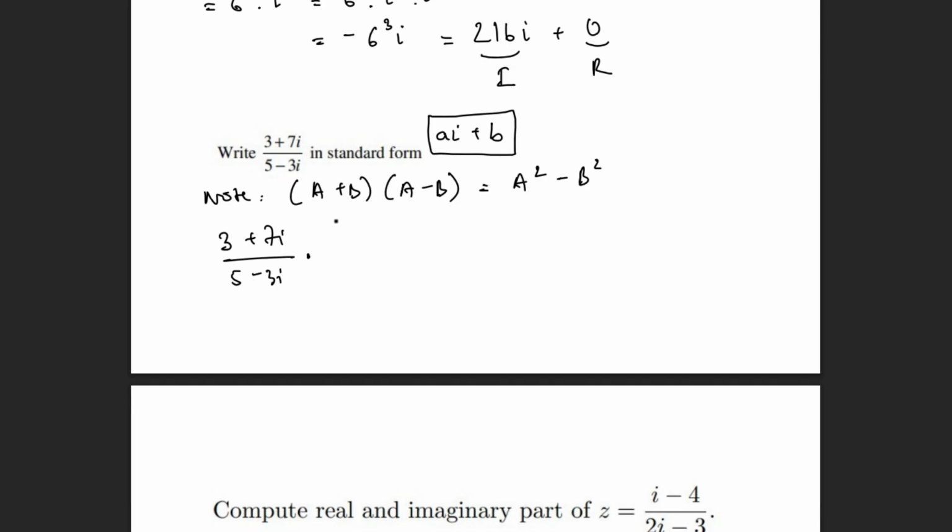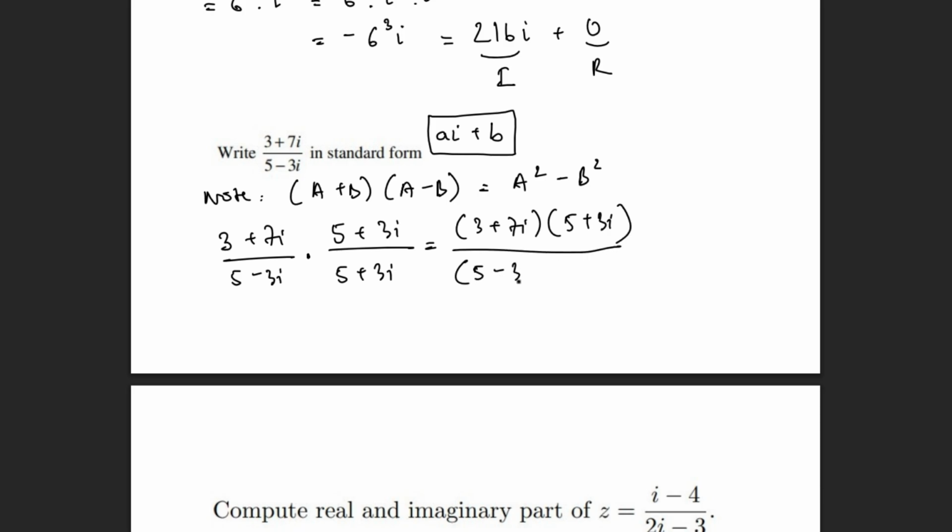The conjugate of the denominator is 5 + 3i. So we will type 5 + 3i on the top and the bottom. So we will have (3 + 7i)(5 + 3i) over (5 - 3i)(5 + 3i).